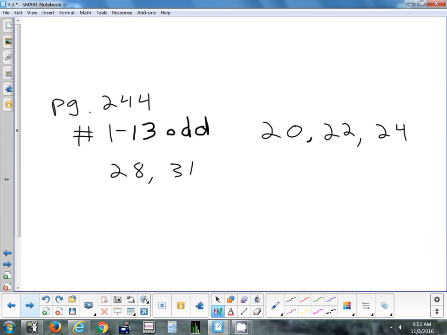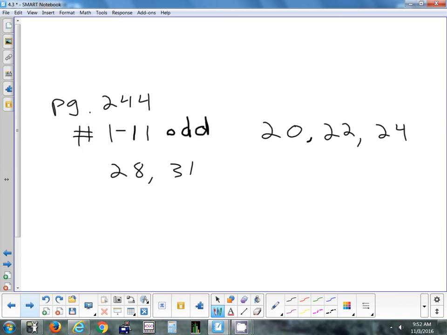Okay, so the homework, let's see, is 1 through, let's make it 1 through 11. Yes, odd. This is one problem. 1 through 11 odd, and then, let's see, 20, that's good, 22, 24, 28, that's a problem traveling by train and car. 28 and 31.